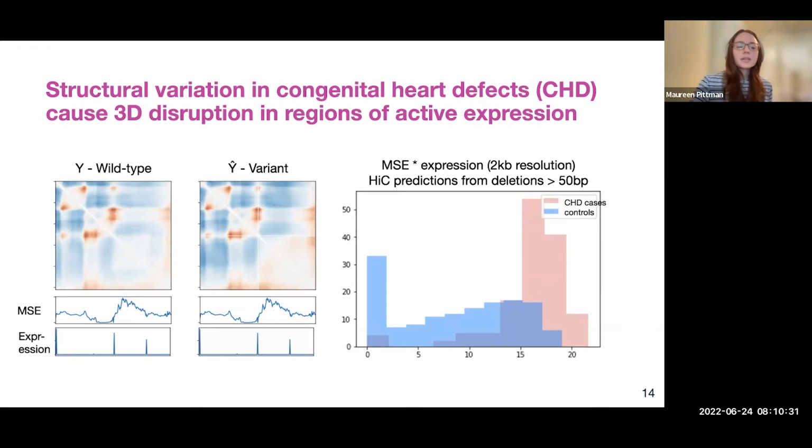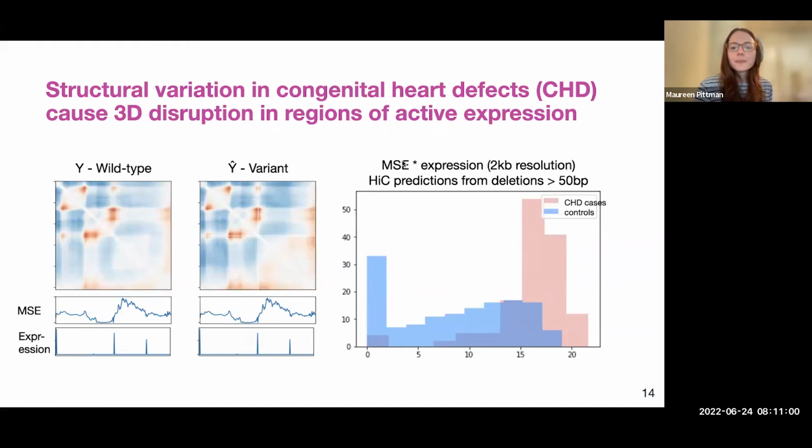And so when we measured this for each of the control structural variants and each of the CHD structural variants we had, what we found was that the CHD cases tended to have structural variants that are highly disruptive. So my axes fell off, but along the x-axis, we're looking at this weighted MSE expression score.